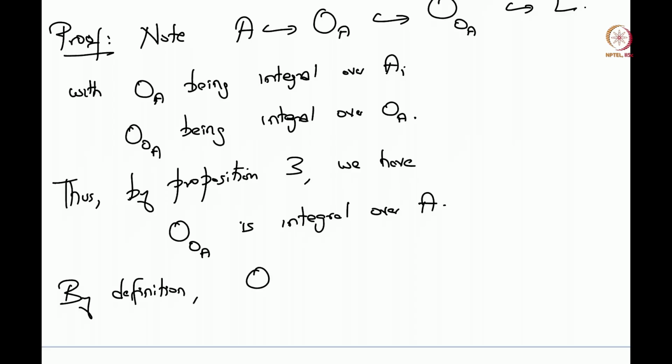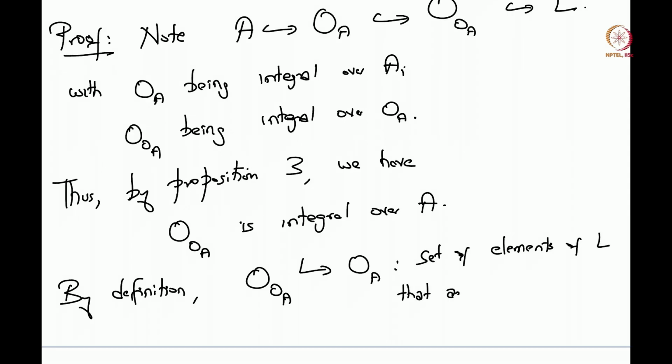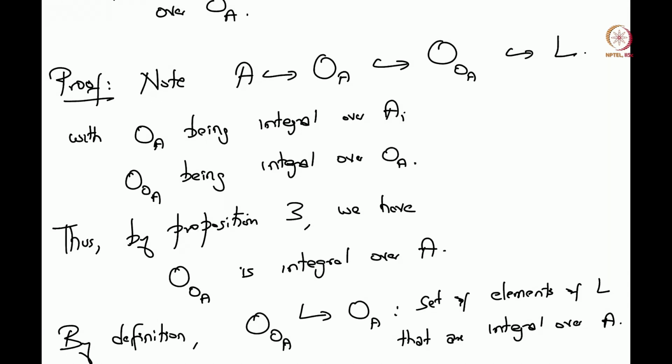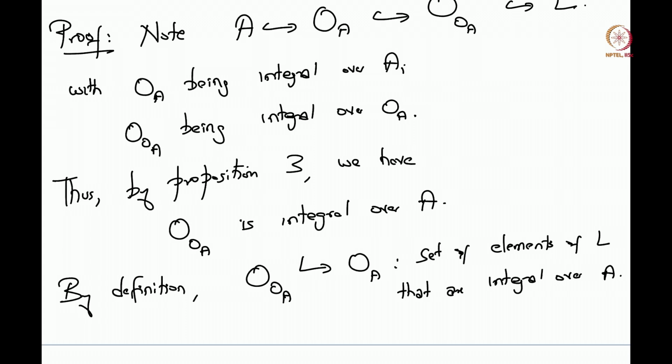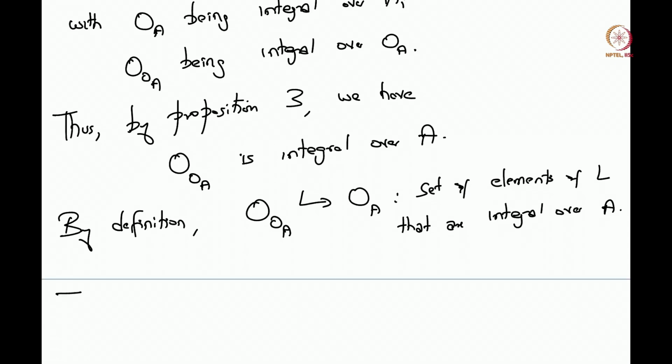So again, by definition, O_{O_A} must sit inside O_A, since O_A is the set of all elements of L that are integral over A. Okay, so we already have that O_A sits inside O_{O_A}, and now this previous proposition 3 allows you to show that O_{O_A} sits inside O_A. Okay, so thus O_A equals O_{O_A}.